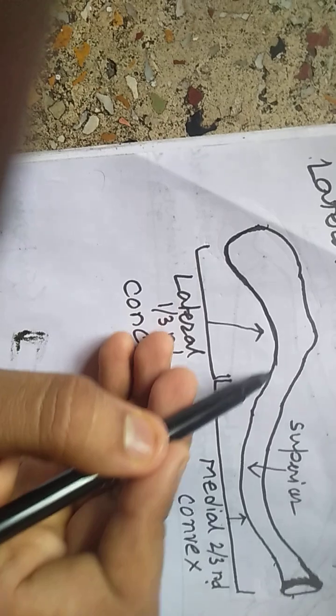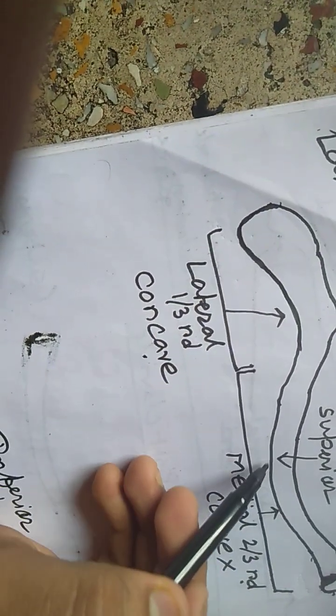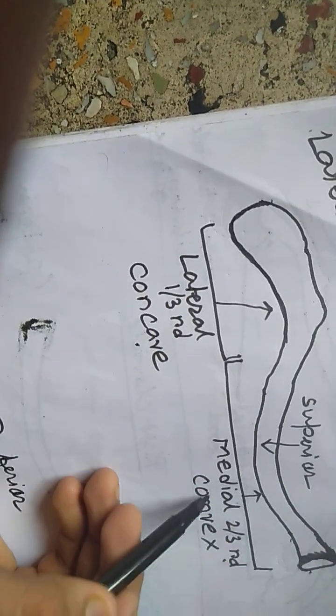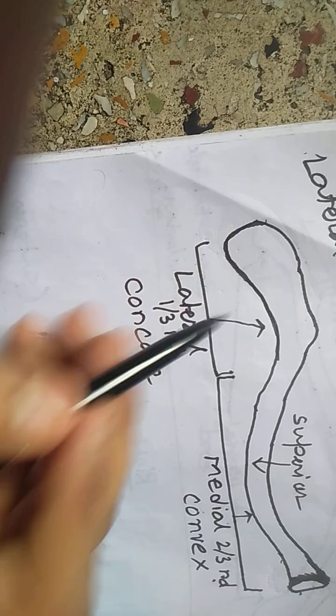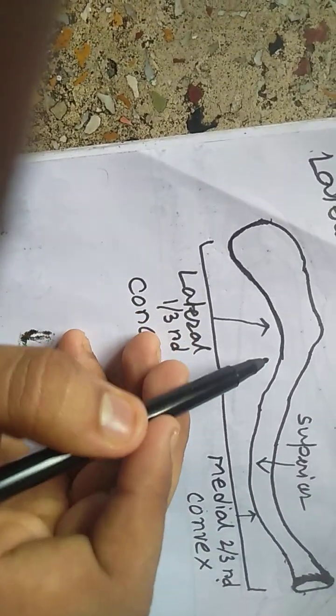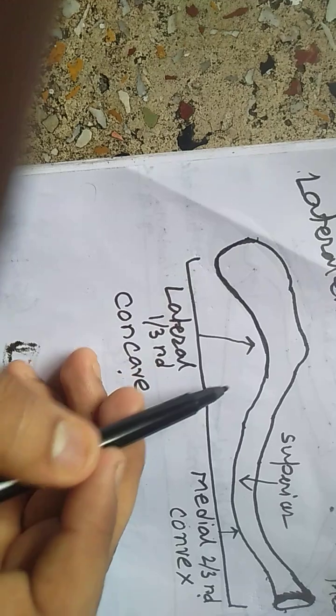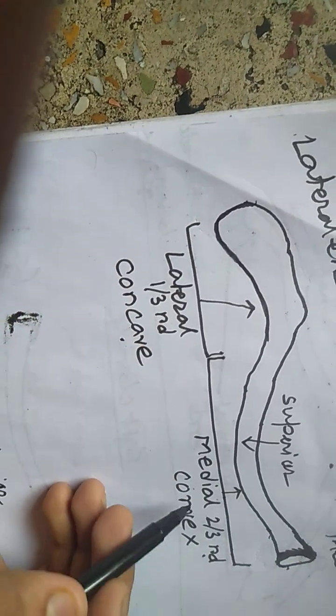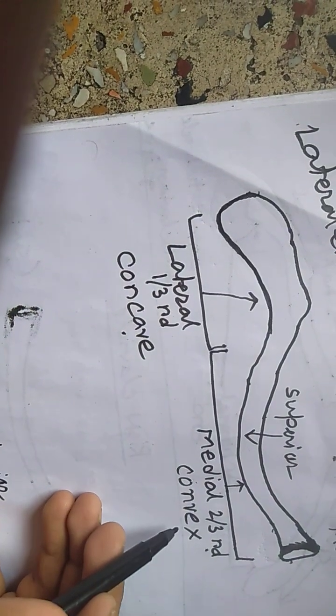This is the concave part. This is the medially convex part. Medially convex, laterally concave. The lateral one-third, a little bit small part, is concave and the medial two-third is convex.